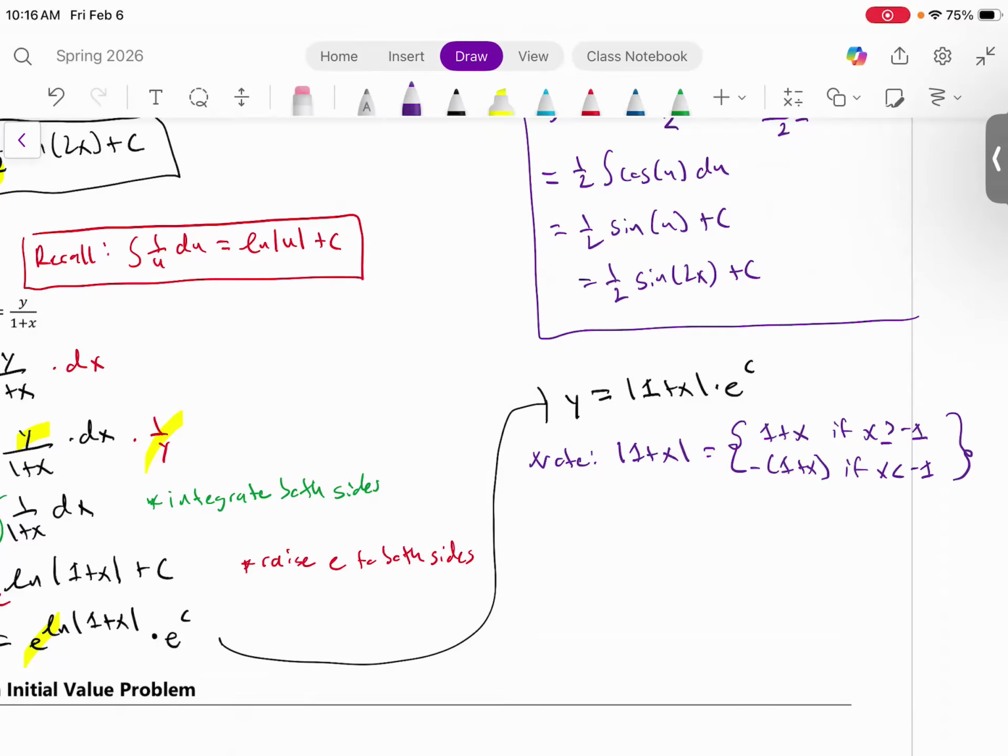So what are we doing this all for? The idea is that we can understand some properties of this absolute value. So I'm going to rewrite it a bit, but essentially plus or minus e to the c times 1 plus x, not absolute value.